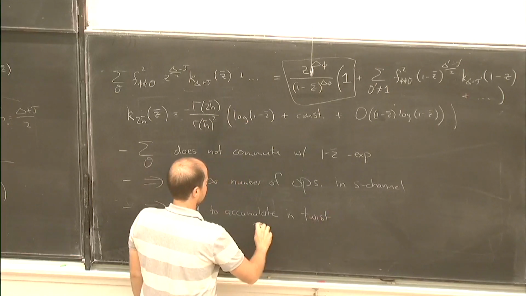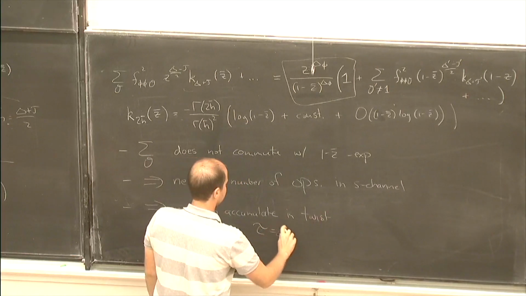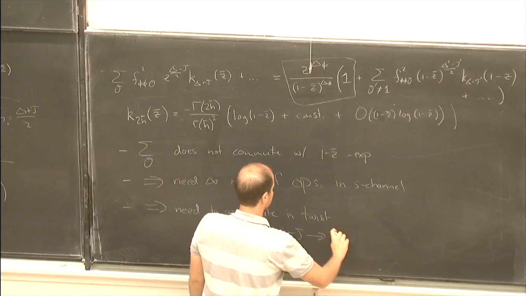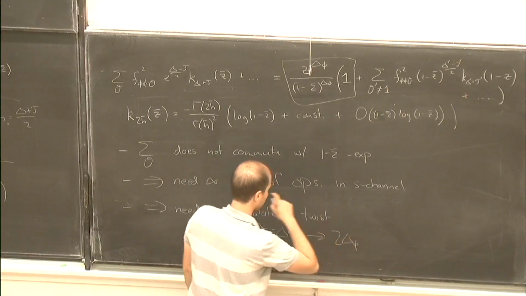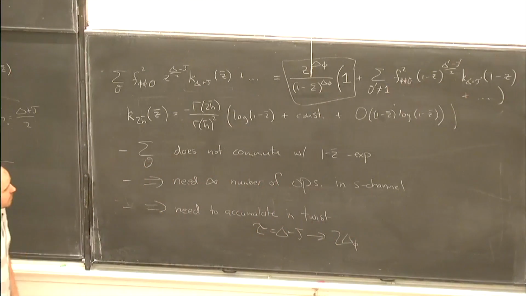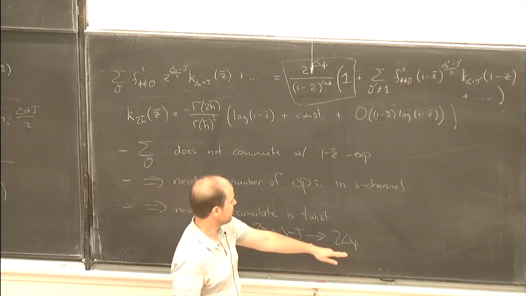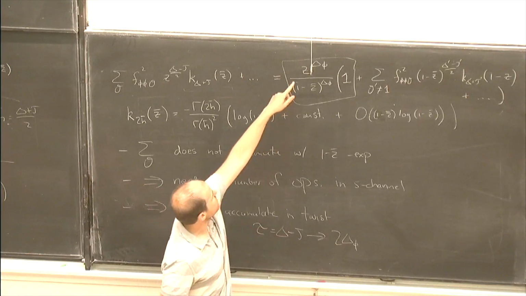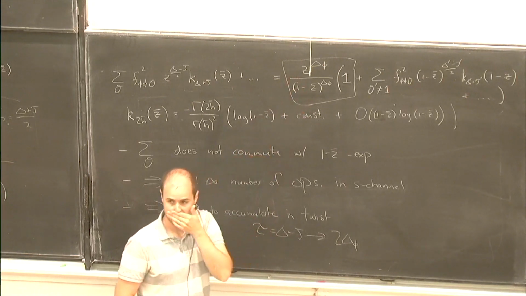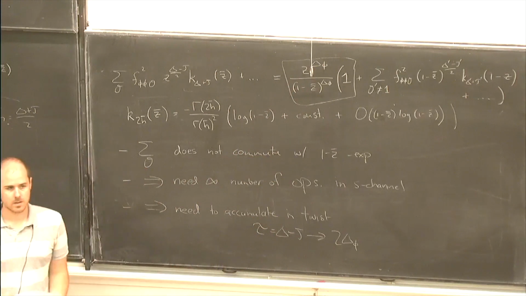Specifically, twist, which is delta minus j, has to approach 2 delta phi. Only if you have an infinite number of operators with twist arbitrarily close to 2 delta phi can you reproduce this term. Questions?